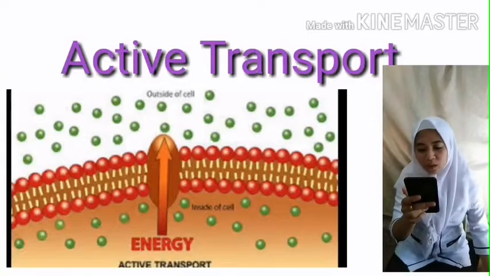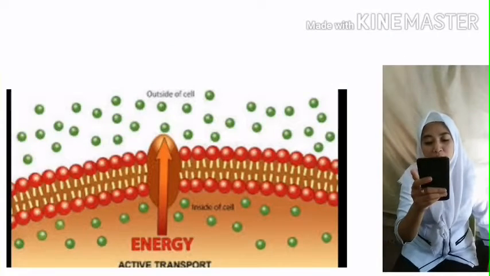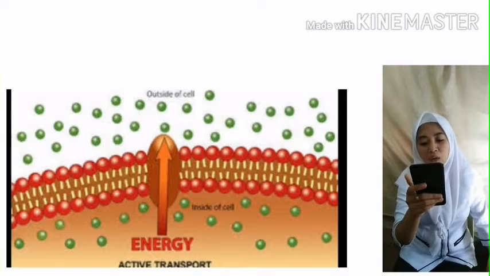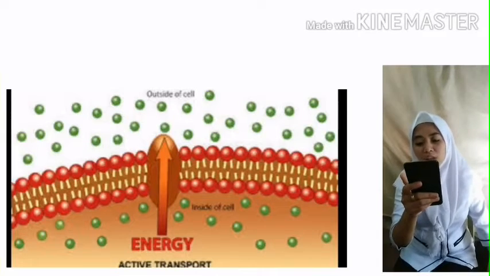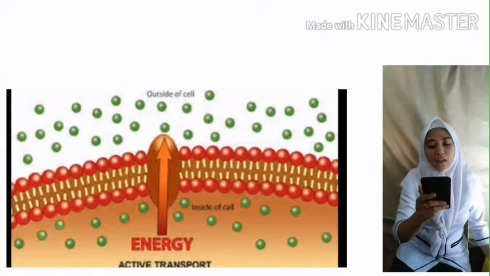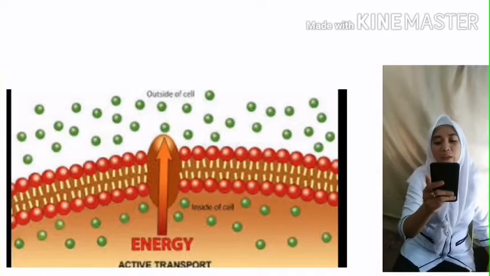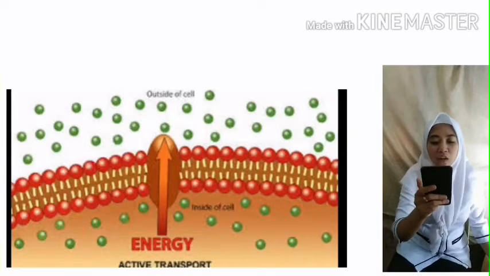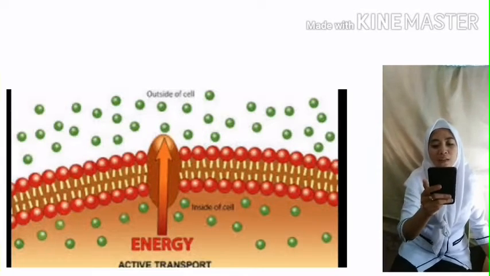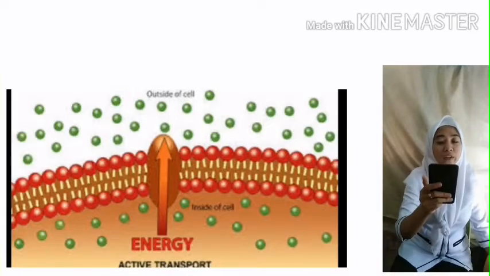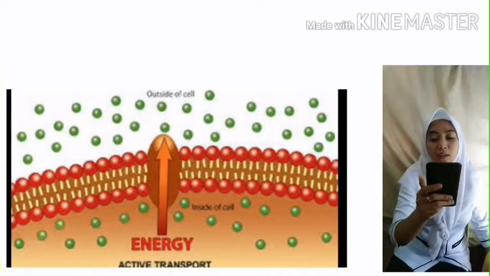Active transport implies that energy must be expended for the movement to occur against a concentration gradient. Active transport is usually associated with accumulating high concentrations of molecules that the cell needs, such as ions, glucose, and amino acids.